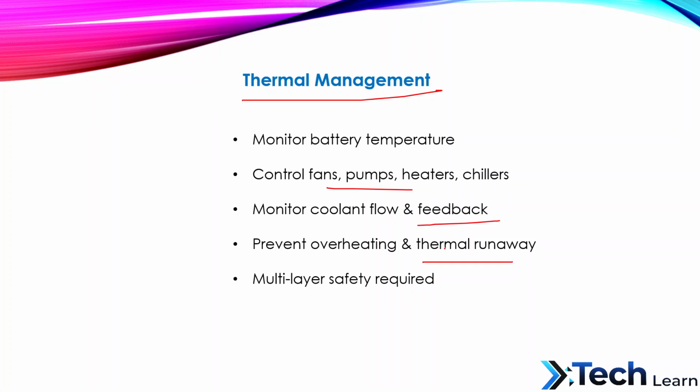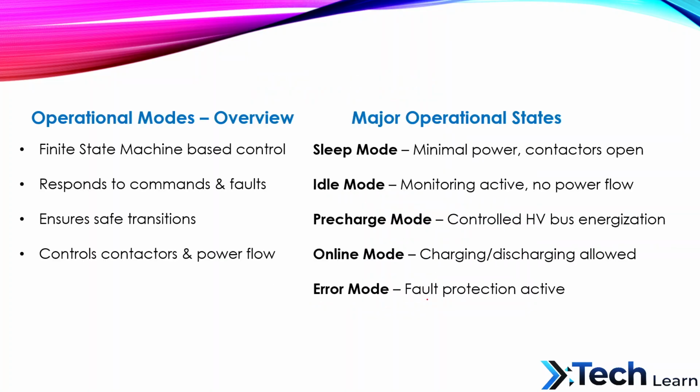When the battery is heating, multiple safety layers must be implemented. Single point failures such as welded contactors must not cause uncontrolled heating. Redundant protection is essential to prevent catastrophic events. Now we are going to see the operational modes.